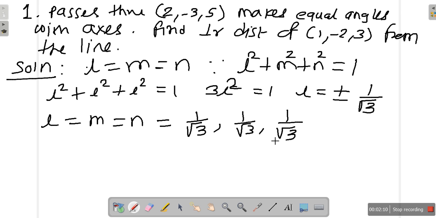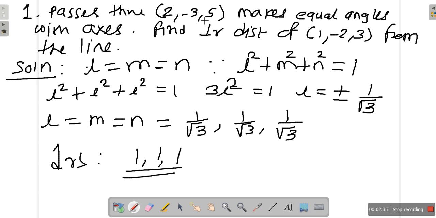Now we are interested in direction ratios. So let us multiply throughout by root 3. Remember, direction ratios are numbers proportional to direction cosines. We can multiply each direction cosine by any number. Let me multiply by root 3 and I will get the direction ratios as 1, 1 and 1. So what will be the equation of the line?